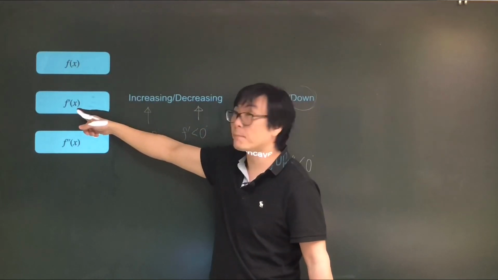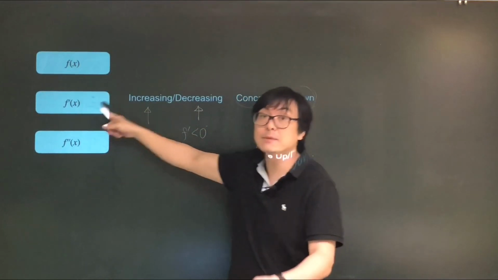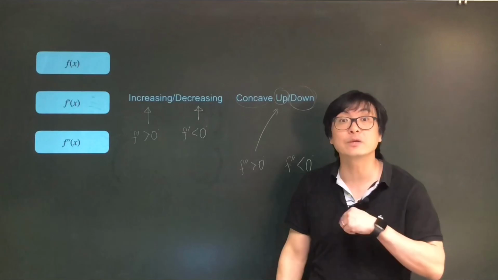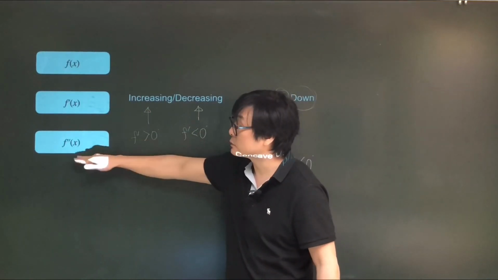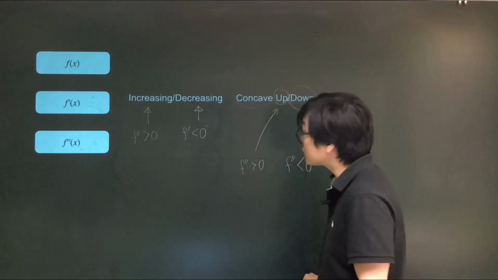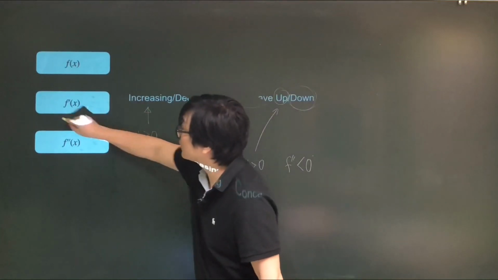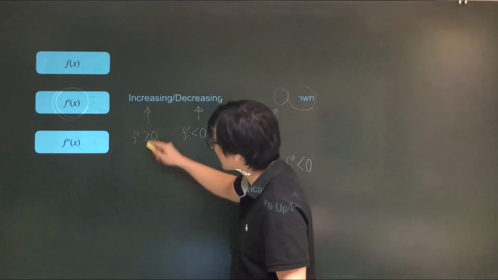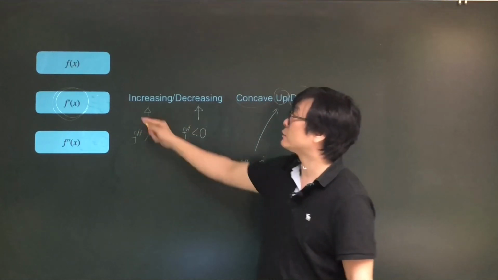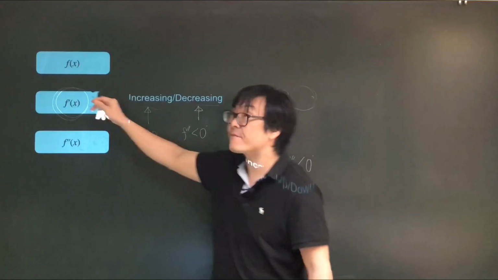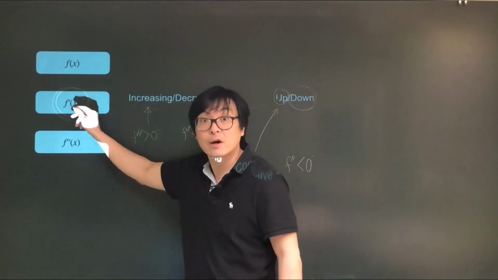If we want to know whether f prime is increasing or decreasing, we have to go one step down, to f double prime, because it is the prime of f prime.